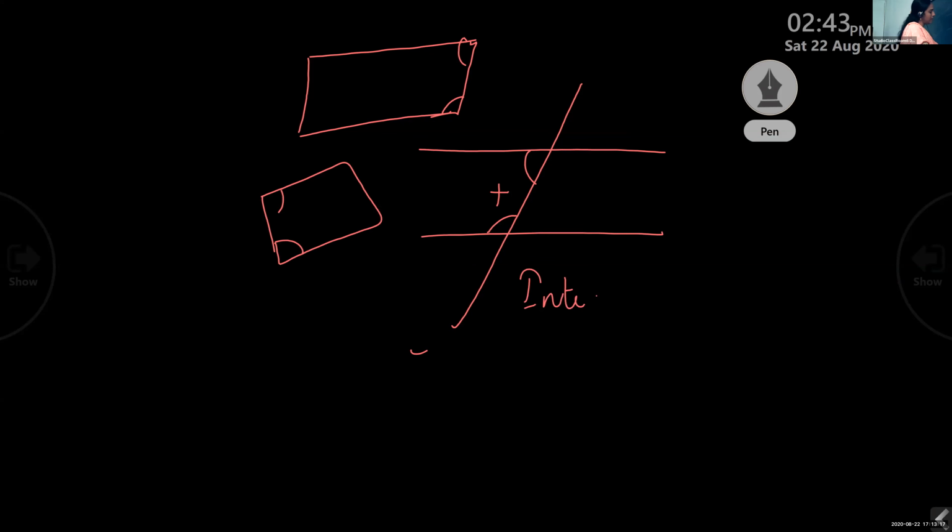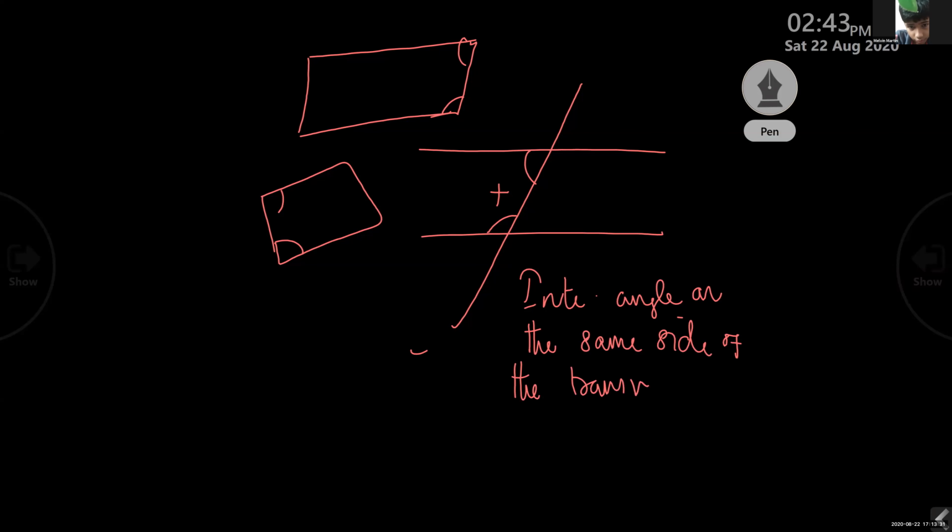Interior angles on the same side of the transversal are, tell me? Equal? No. Linear pair? No, the sum is 180. There is no need of using the word linear pair because it is not adjacent.